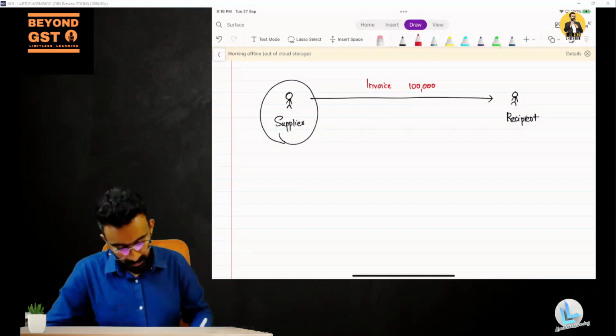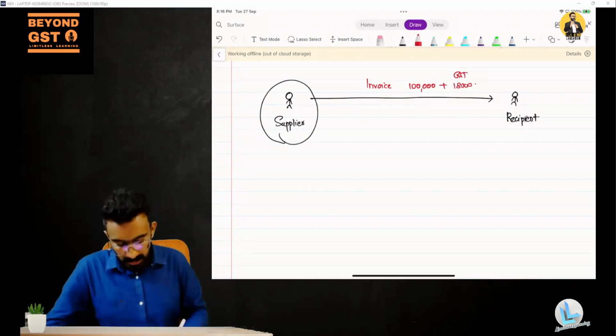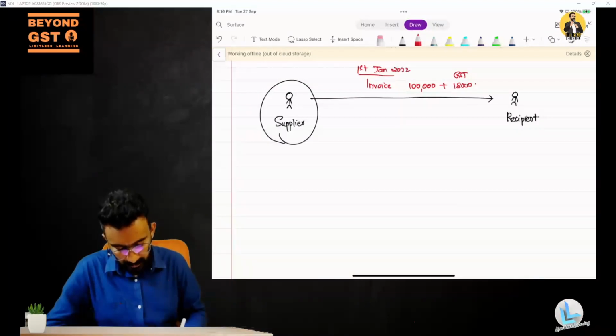And the GST charged was 18,000. This was done on 1st January 2022.